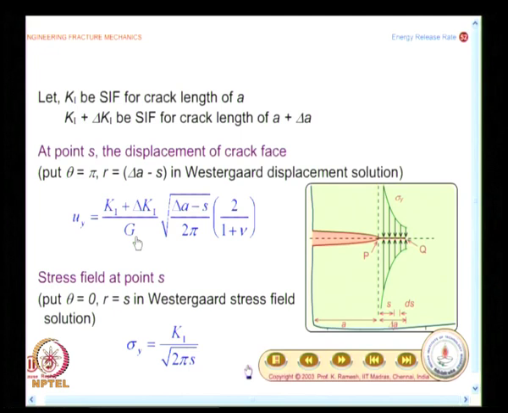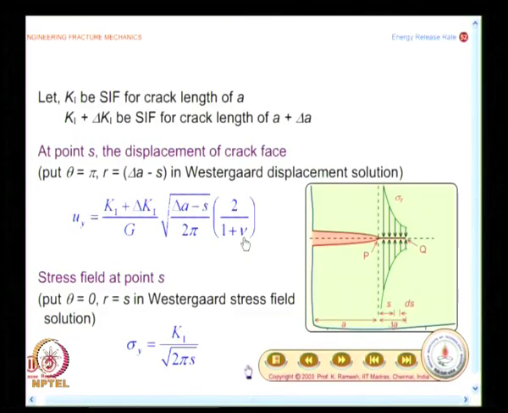So, divided by G multiplied by root of r, which is delta A minus s, divided by 2 pi. And if you look at the other part of the expression, it reduces to 2 by 1 plus nu. Is it okay at this stage? Now, we have got the expression for displacement.